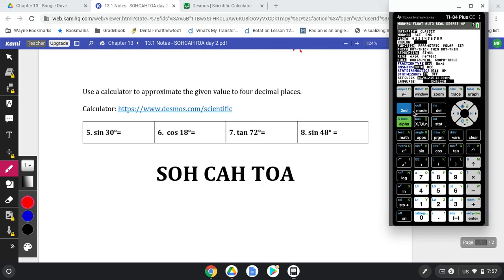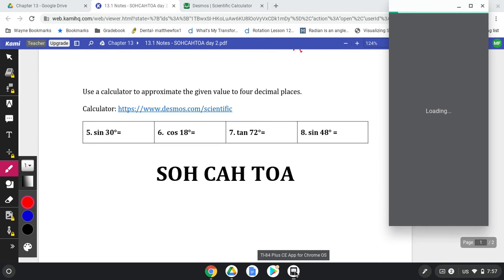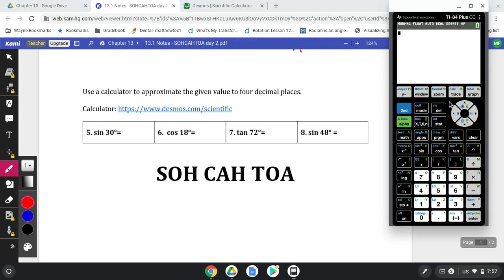Okay, then second quit, and now it's in degree mode. Now, unfortunately, every time I turn this calculator on or open it, if I close out of it and I pull it back up, we'll see. Oh, maybe I'm wrong because it's in degree mode still. But oftentimes when you do that, if you shut your computer and stuff, it will be back into radian mode.